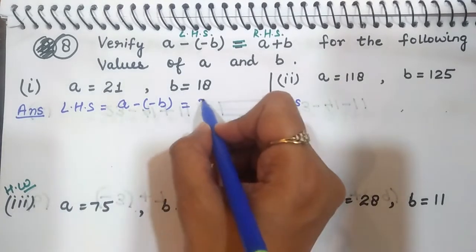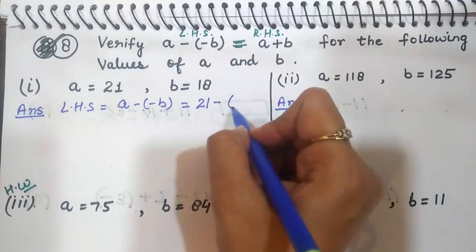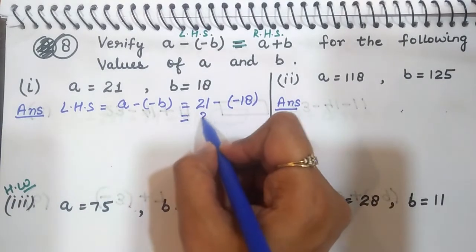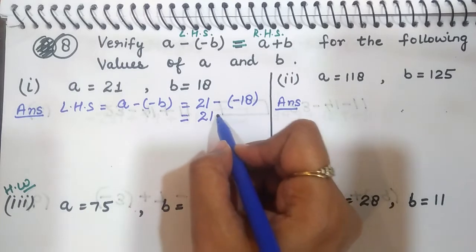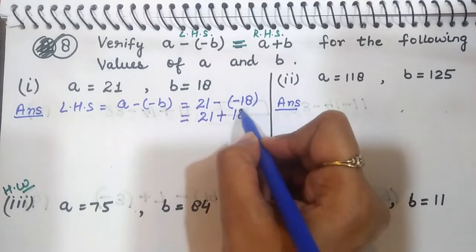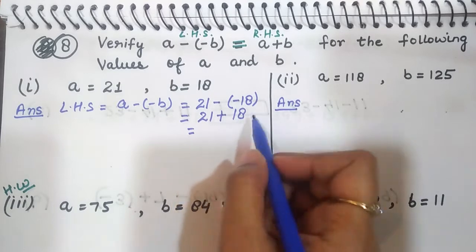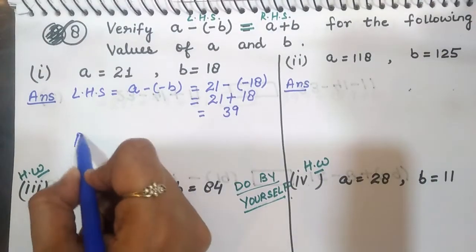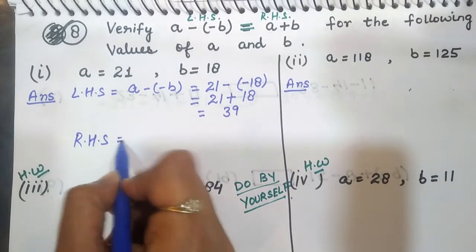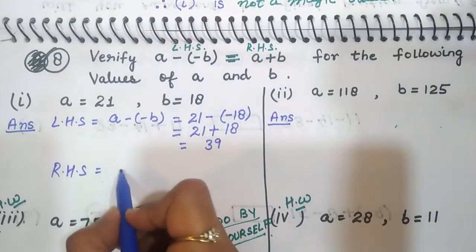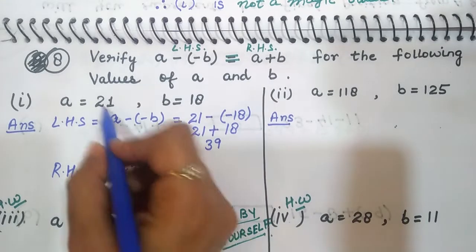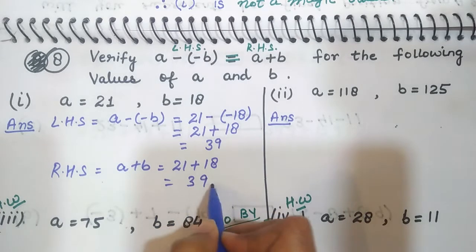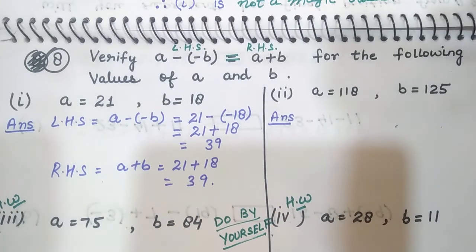Now value of a is 21, minus of minus b is 18. And we know that minus minus is plus. Now they add, becomes 39. Now right hand side is a plus b. We put the value 21 plus 18. Again it comes out to be 39.